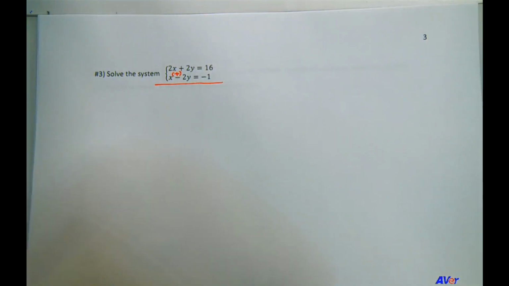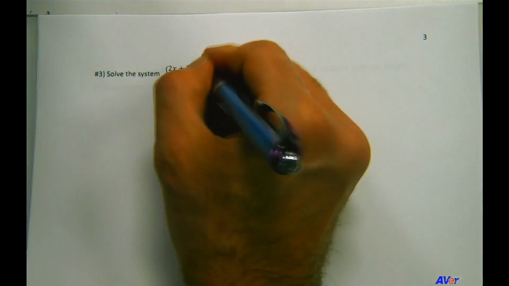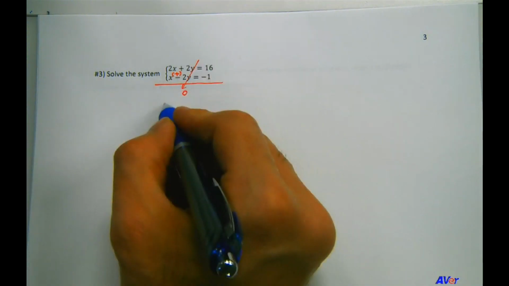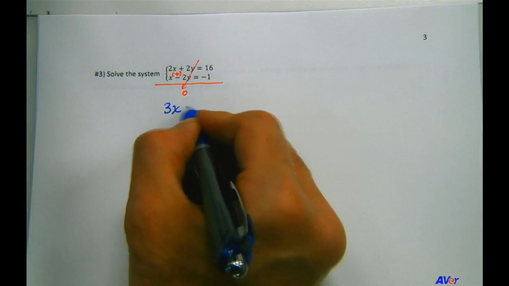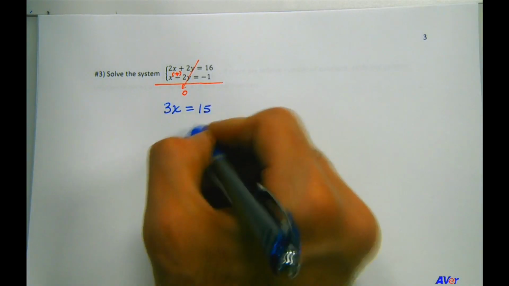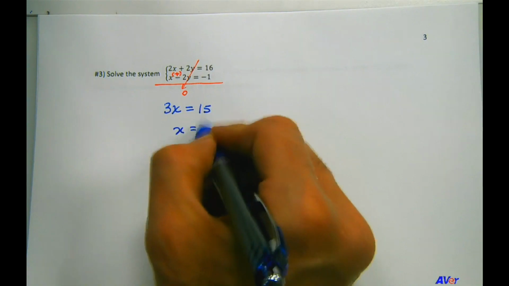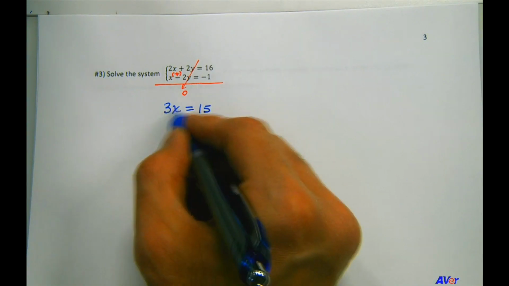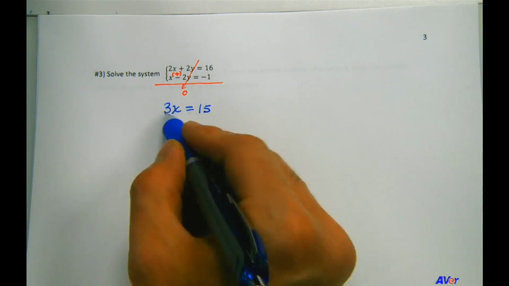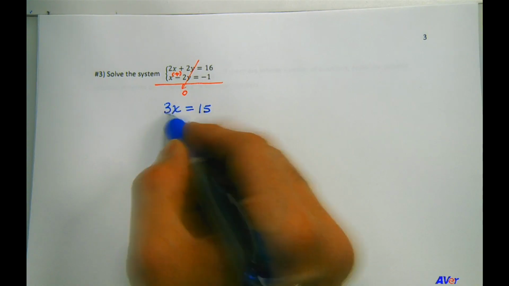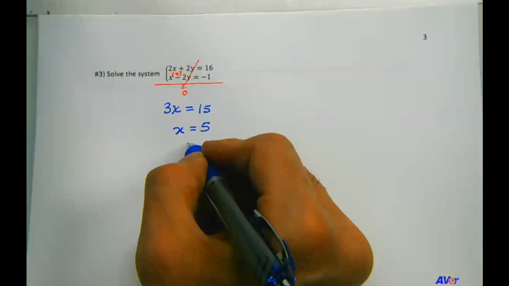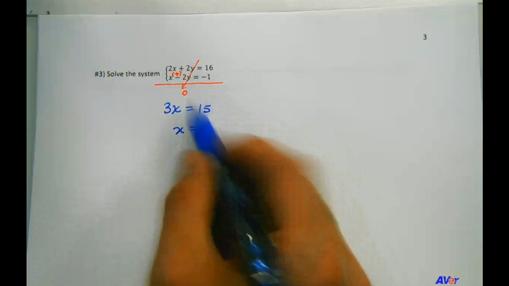The y terms add up to 0. 2x plus x is 3x equals 16 minus 1 is positive 15. So x equals 15 over 3, because we're solving for x, which means we need to isolate x. So we divide both sides by 3 to get rid of what's next to it. So that'll be 5. So that's the solution for x.